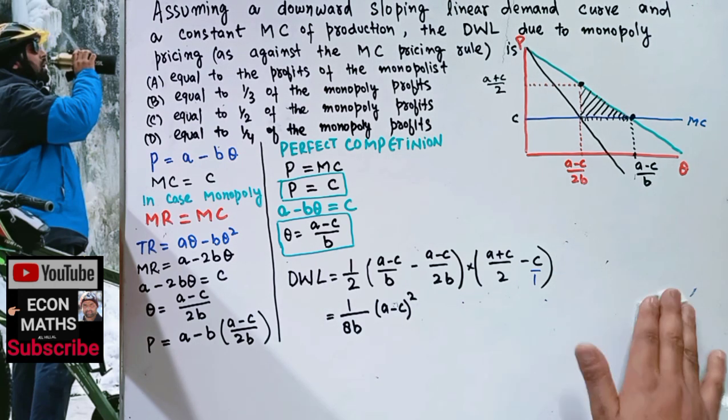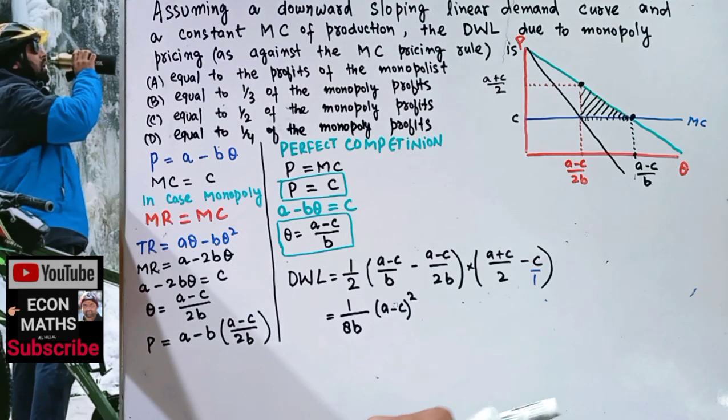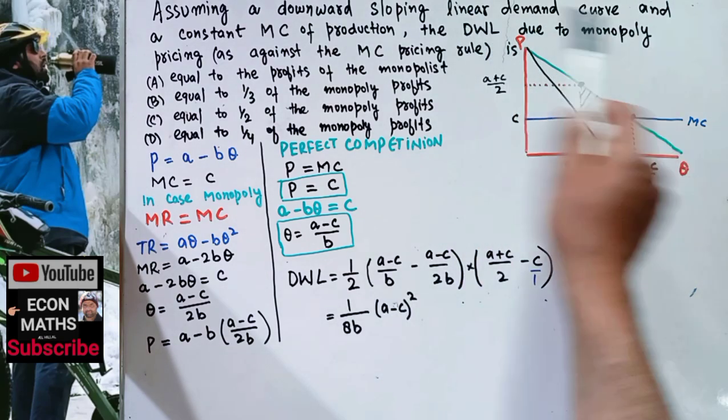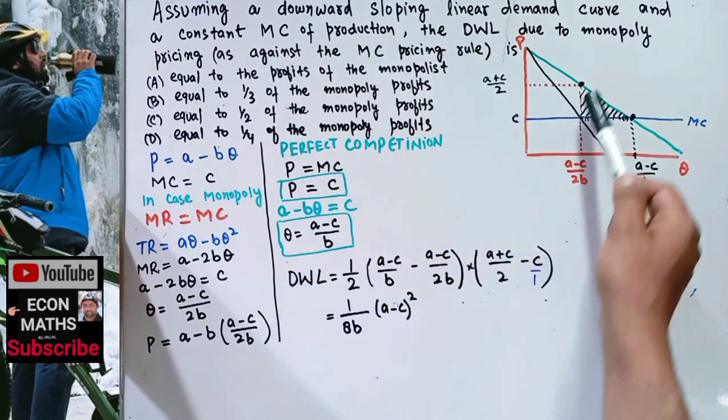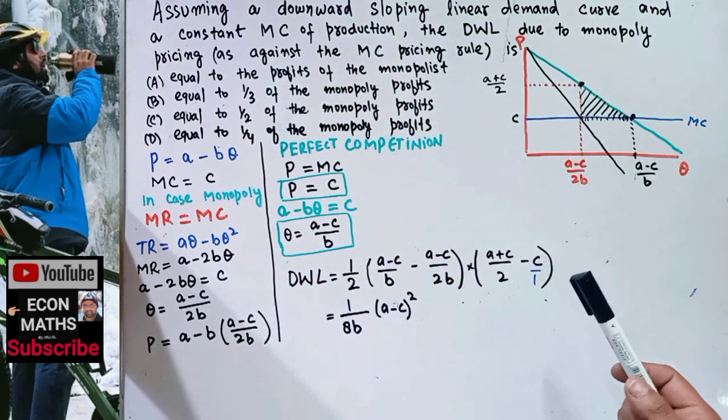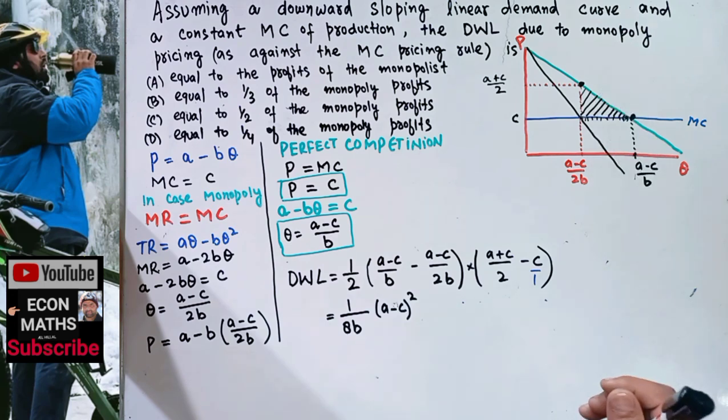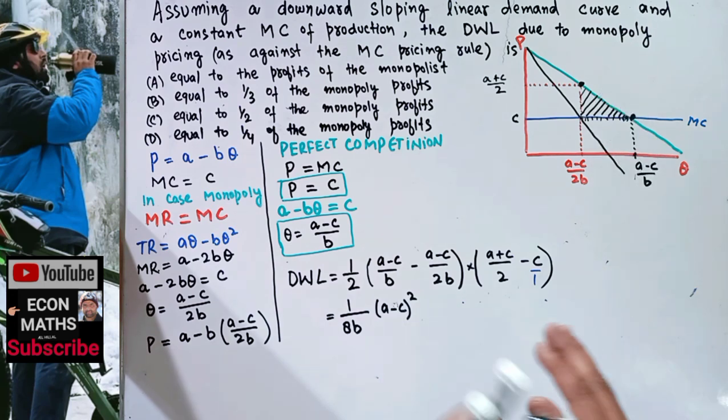Let me repeat it here. We are being told to find out the deadweight loss due to monopoly, as against the marginal cost pricing. That means we need to find out this deadweight loss and compare it with the monopoly profit. Deadweight loss we got. Now we need to find out the monopoly profit.